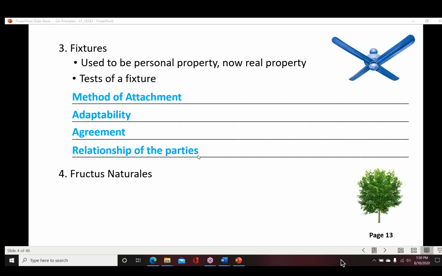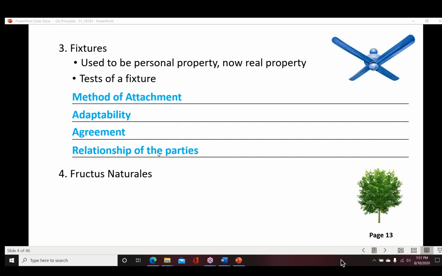And then relationship of the parties, that would be some separate agreement that the parties have. And so with those agreements, the question's going to be, are they in writing or not? And so I'll let you read about that in the Blue Book. I doubt this part is on the test, but it's there, and I'll let you read about it in the Blue Book.